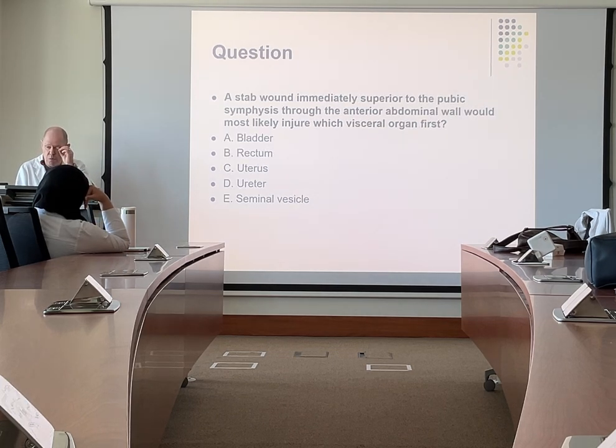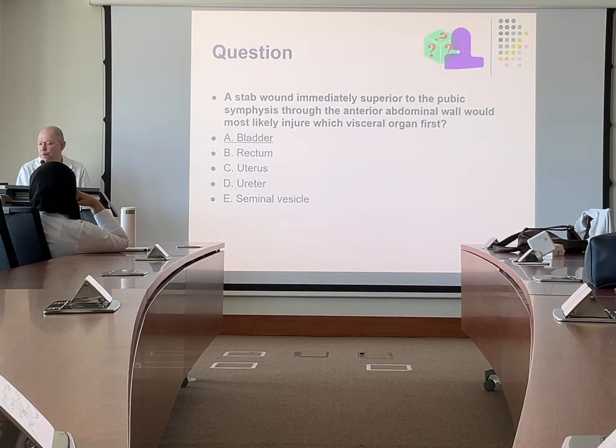Now, a stab wound immediately superior to the pubic symphysis through the anterior abdominal wall would most likely injure which visceral organ first? Bladder. That is very true. Again, from the options, that's the only option, right?